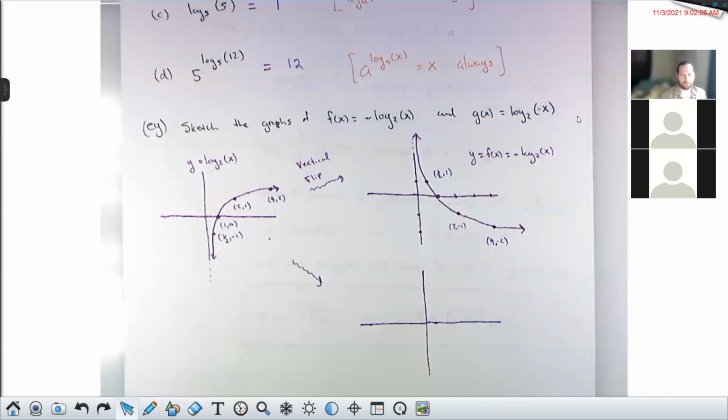This guy, I'm multiplying on the inside by -1. What does that do to the graph? If I multiply on the inside of my function by -1. Take a guess.